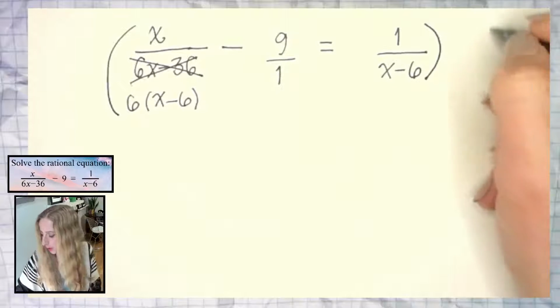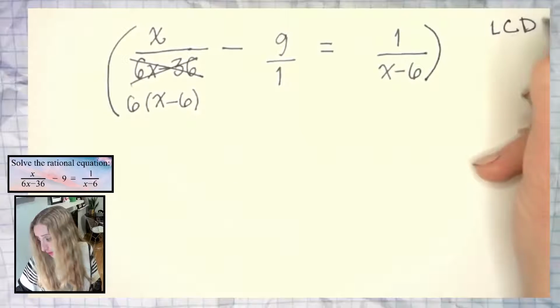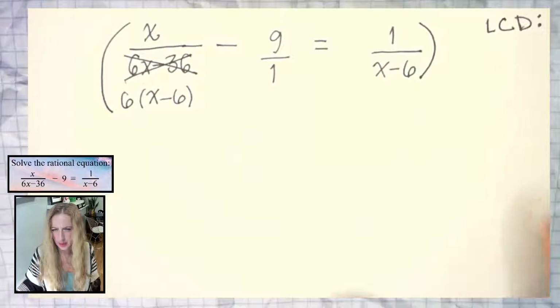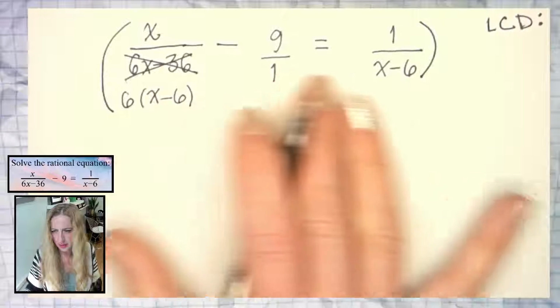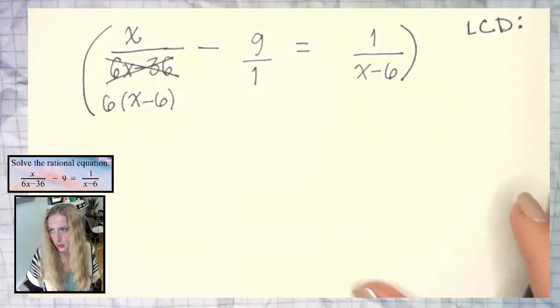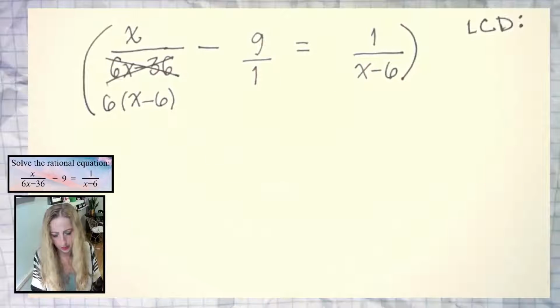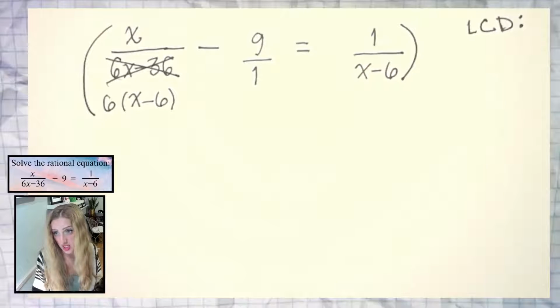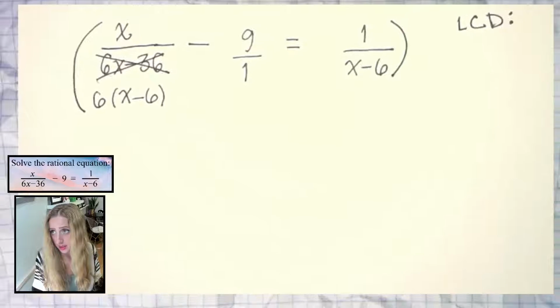Now, I want to multiply through by the least common denominator. Well, what is the least common denominator? Everybody needs to have the same factors on bottom. So what is it that we are going to need our denominators to have? Well, we're going to need our denominators to all have a 6, since that first denominator does have a 6 in it.